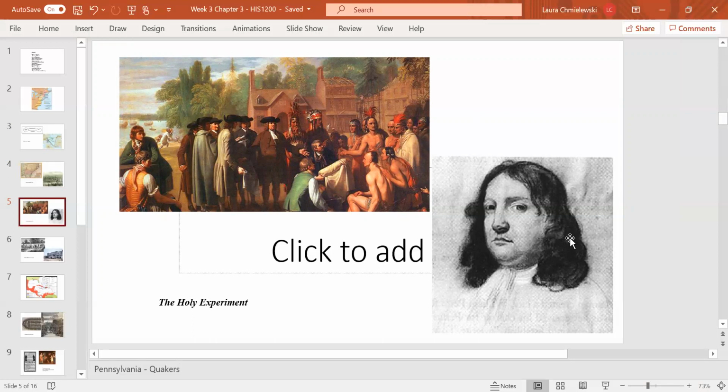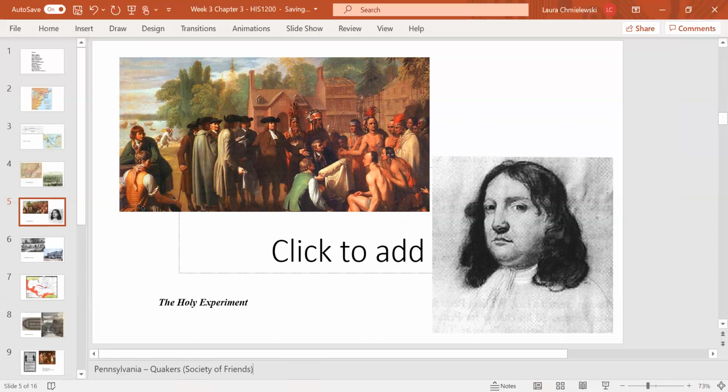William Penn belongs to another kind of outside religion called the Society of Friends, or the Quakers. These are radical Protestants who believe that God exists within the human being, within the soul of the human being.